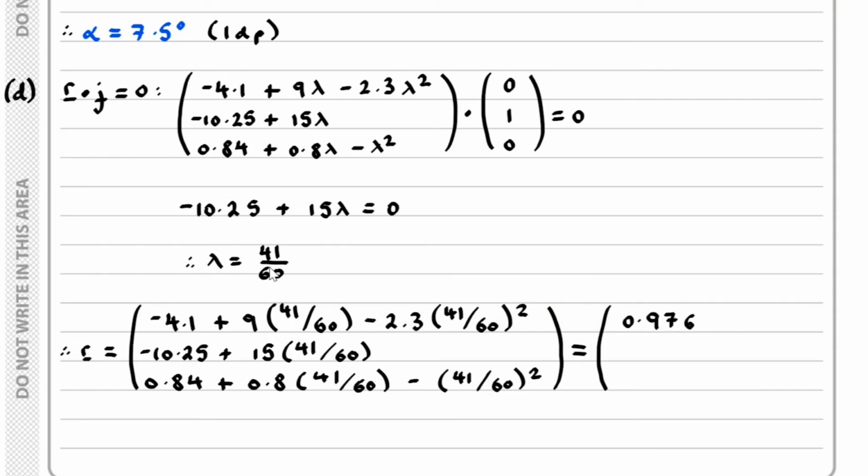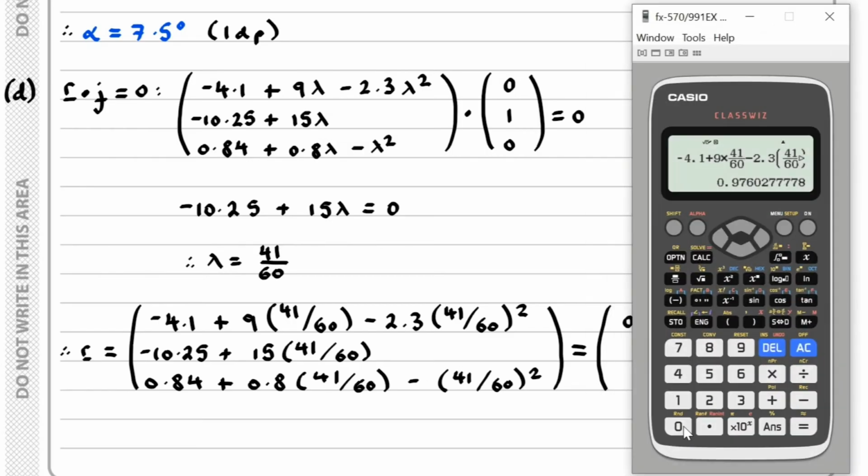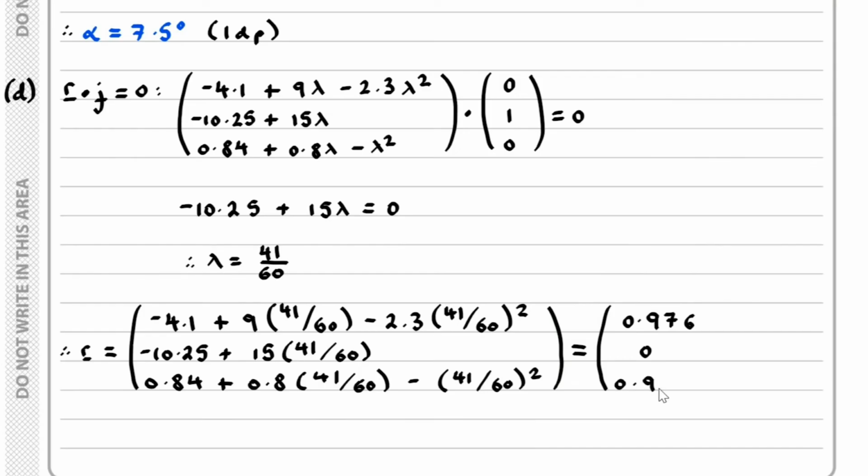Now this value of lambda equaling 41 over 60 gave the j component to be 0. So here we get 0. And then 0.84 plus 0.8 times 41 over 60 minus 41 over 60 squared, we get 0.919. And so this is the position vector.